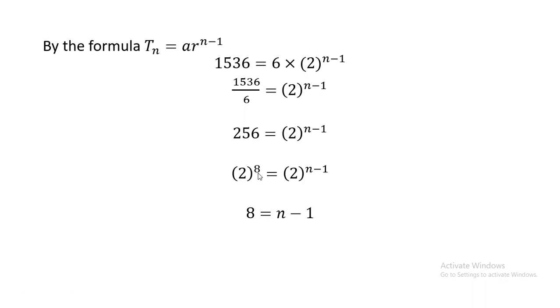This helps us to find out the value for n. Now n is equal to 9, so 9 is my answer.